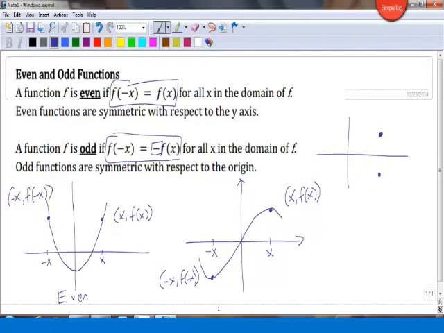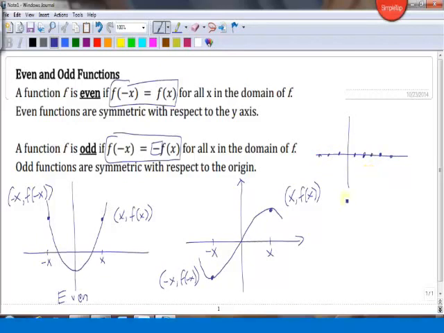So is it possible for the graph of a function to have x-axis symmetry? Well, yeah, only if its only points are on the x-axis. And that's not really exciting, right?